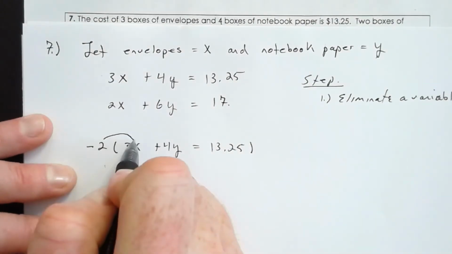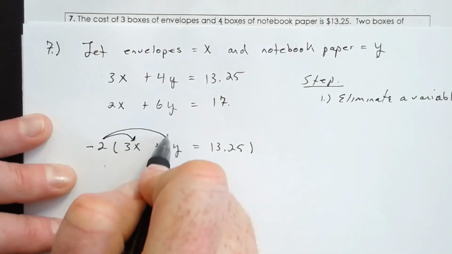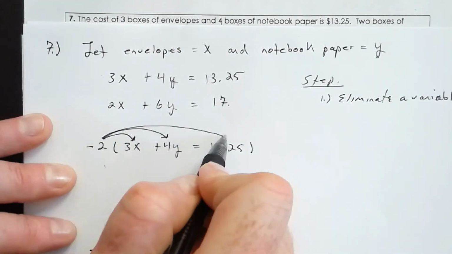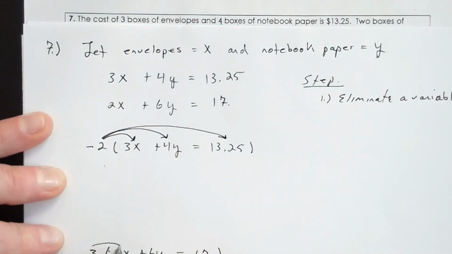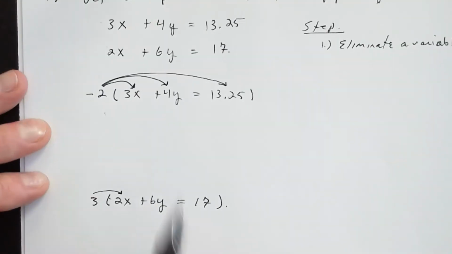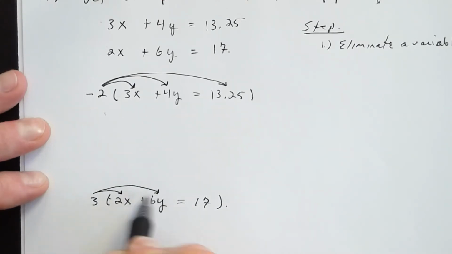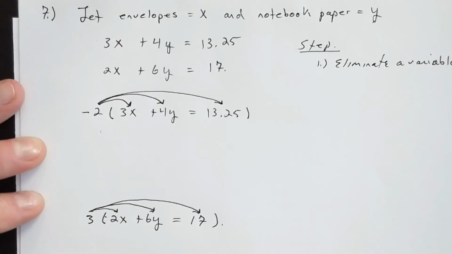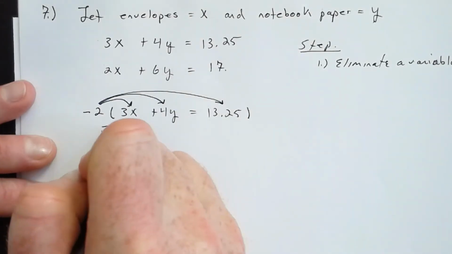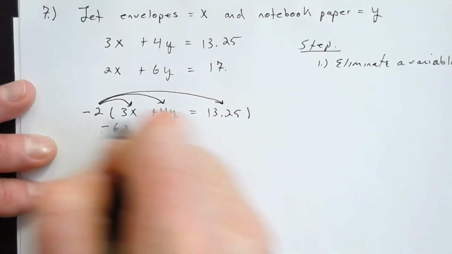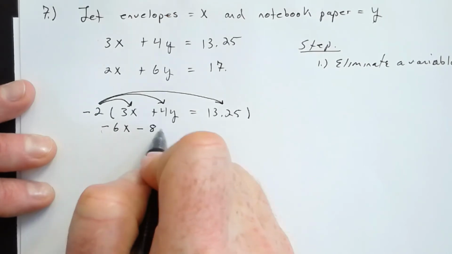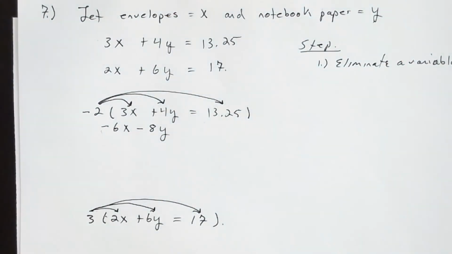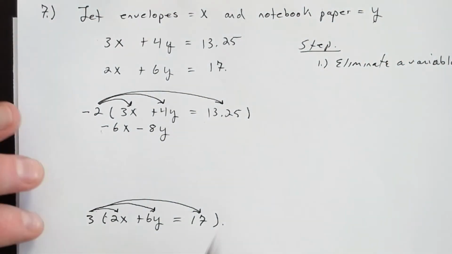So again, we've got to distribute each of these to everything, okay? So let's work through this. So we have minus 6x minus 8y, and it looks like we have 26.50, so negative 26.50.